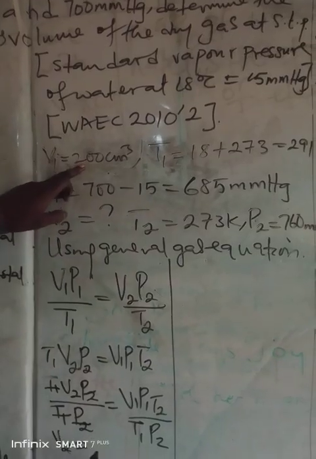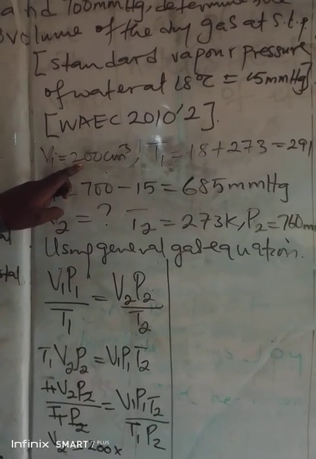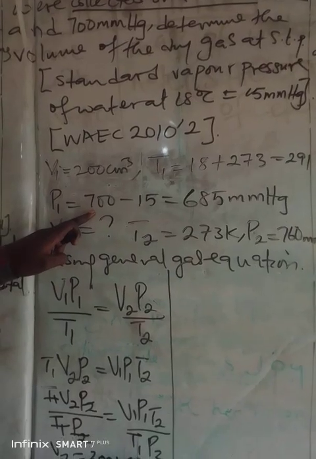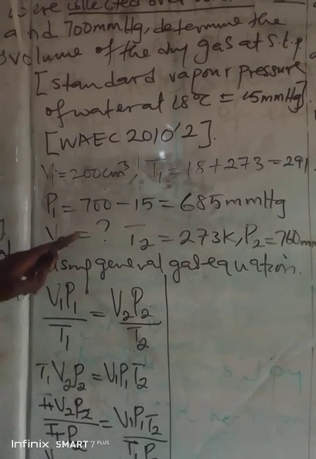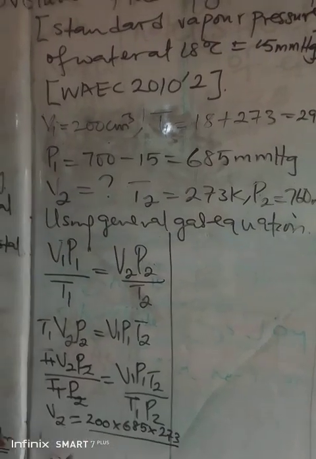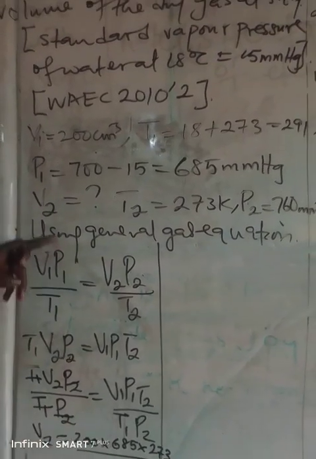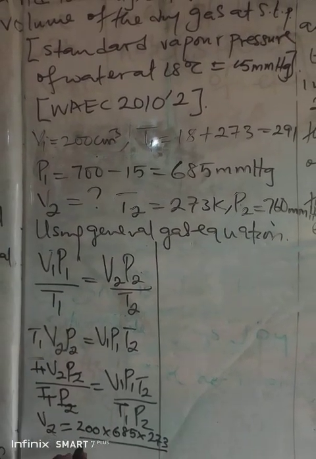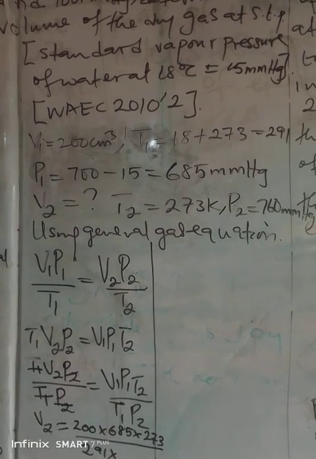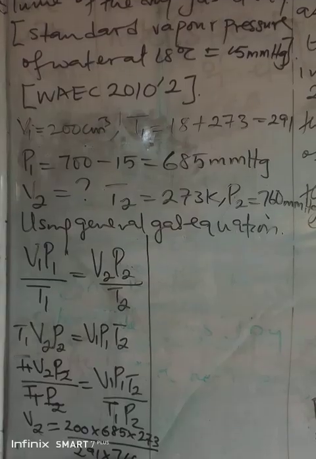200. Times what is my P1? 685. What is my T2? 273. Everything over. What is my T1 now? 291. What's my P2? 760.